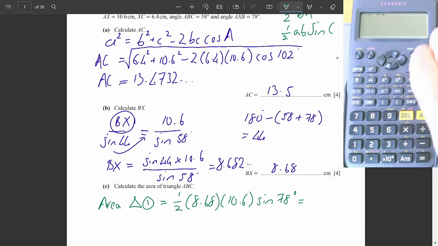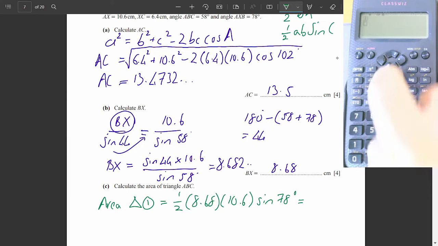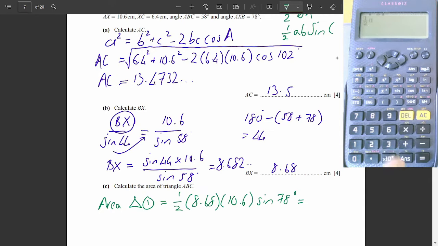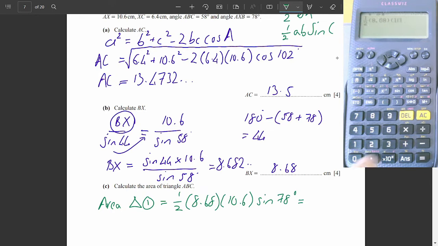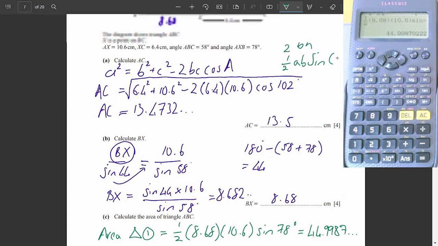So let's hammer that into our calculator. Half, 8.68, 10.6, sin 78. Bam, we got one answer, which is 44.9987. Put lots of digits, don't round it yet. Okay, so that's the one triangle.